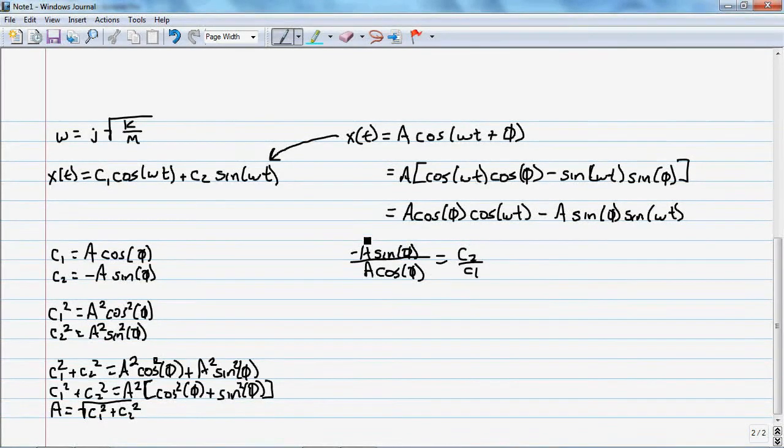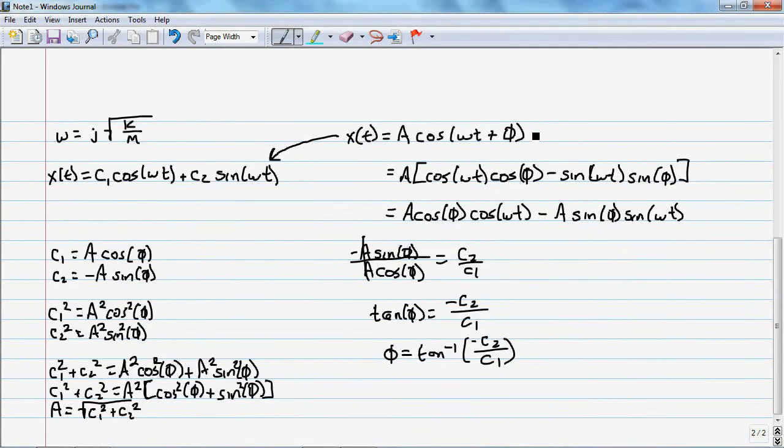The A's are going to drop out, and the negative sign I'm going to move to the other side. So I have tangent of phi is equal to negative c2 over c1, and phi is just going to be the arctangent of negative c2 over c1.